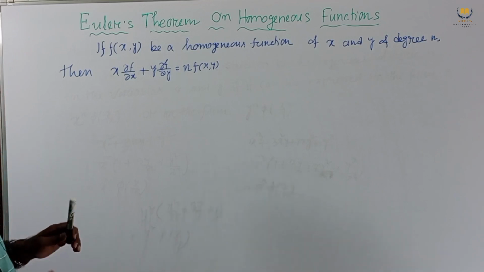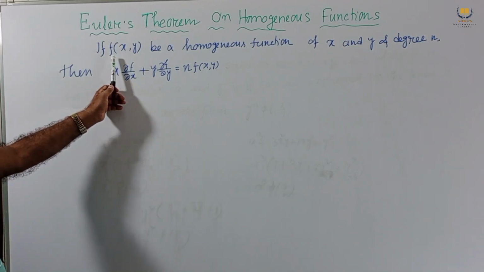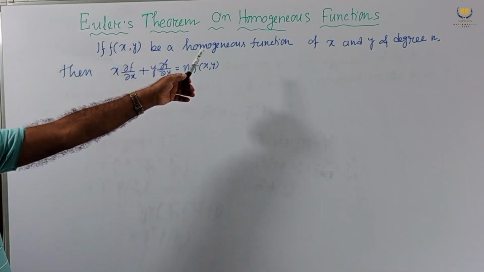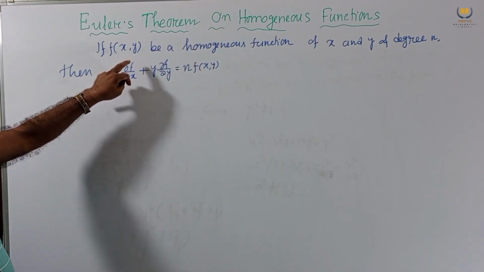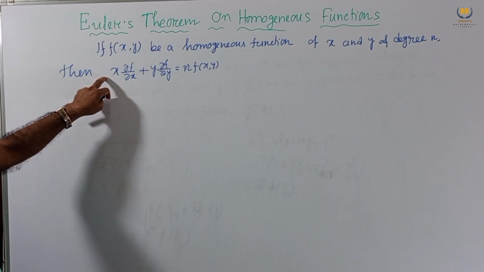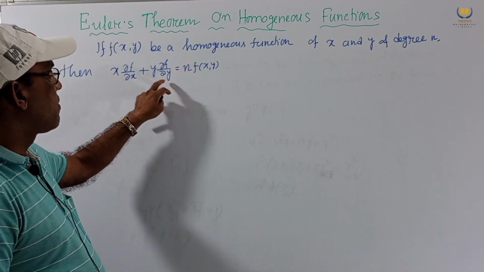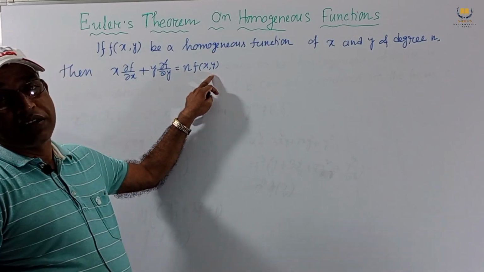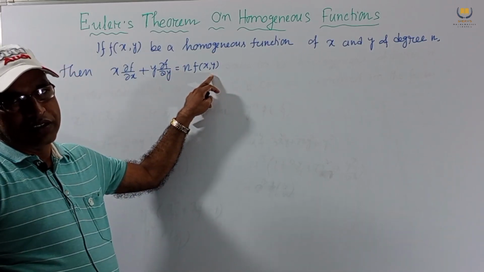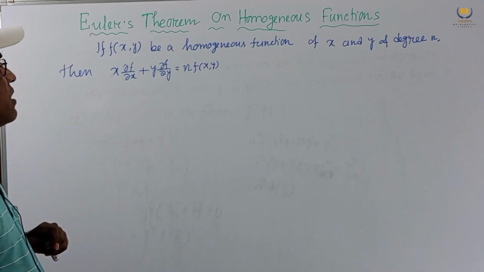If f is a homogeneous function of degree n, then if we differentiate f with respect to x and multiply by x, differentiate f with respect to y and multiply by y, and add, we get the degree times the function. This is our Euler's theorem.